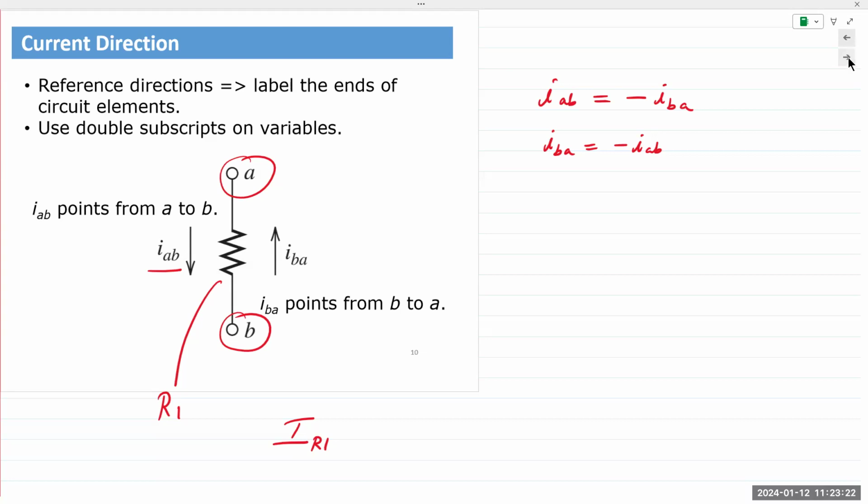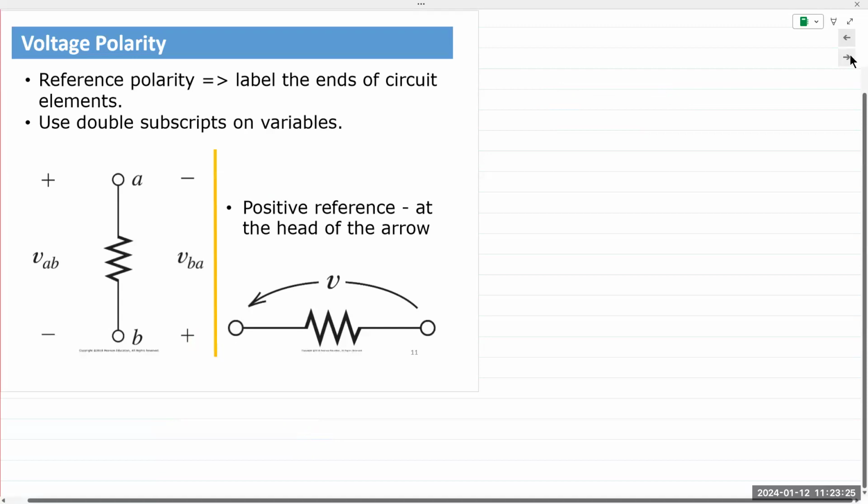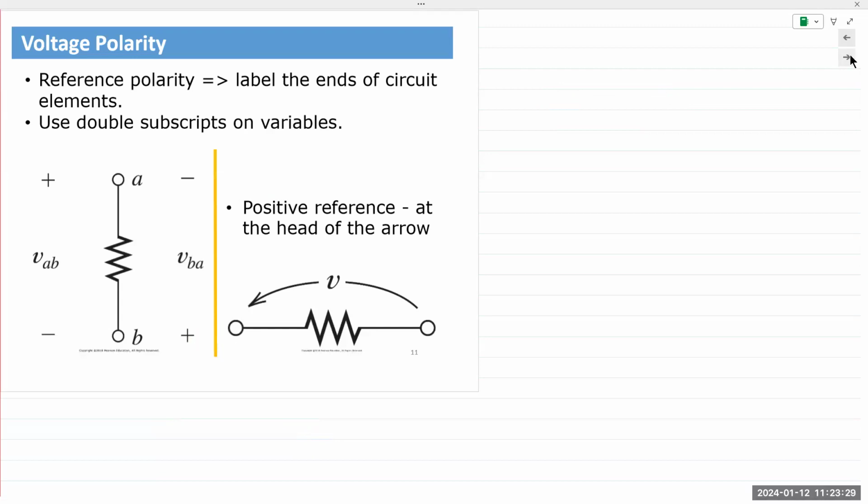The voltages have polarity, and so we have two ends. We have a plus and a minus. If it's an element R1, we would simply say VR1, meaning voltage for the resistor R1.